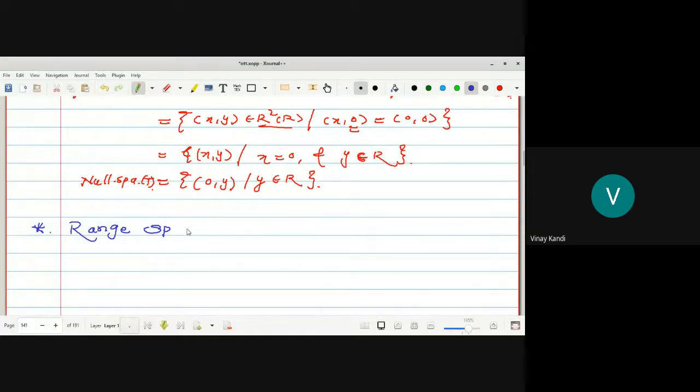Now the definition of the range space of a linear transformation. Look at the definition.